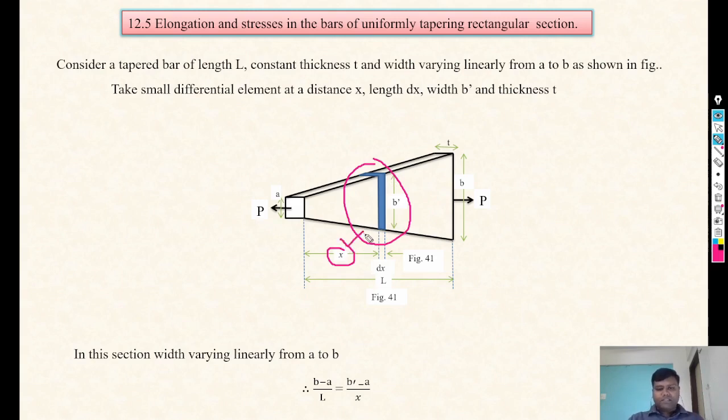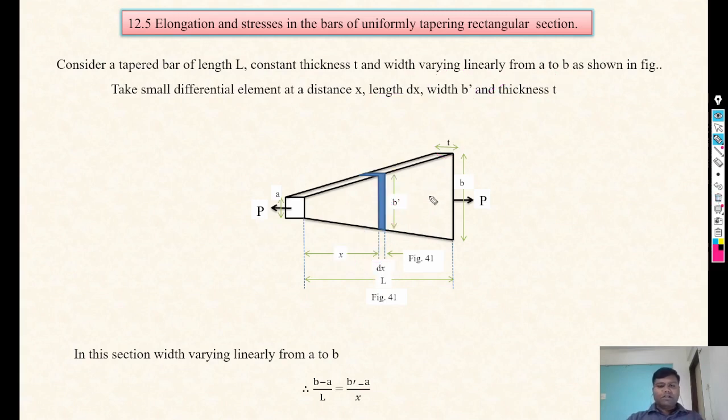So x is the distance of that small element from the left end, the length of that small element is dx, and the width is b dash, because we don't know the exact width at that location, so we just assume b dash. Lastly, the thickness of that element is obviously t, because we are considering the same thickness throughout the section.